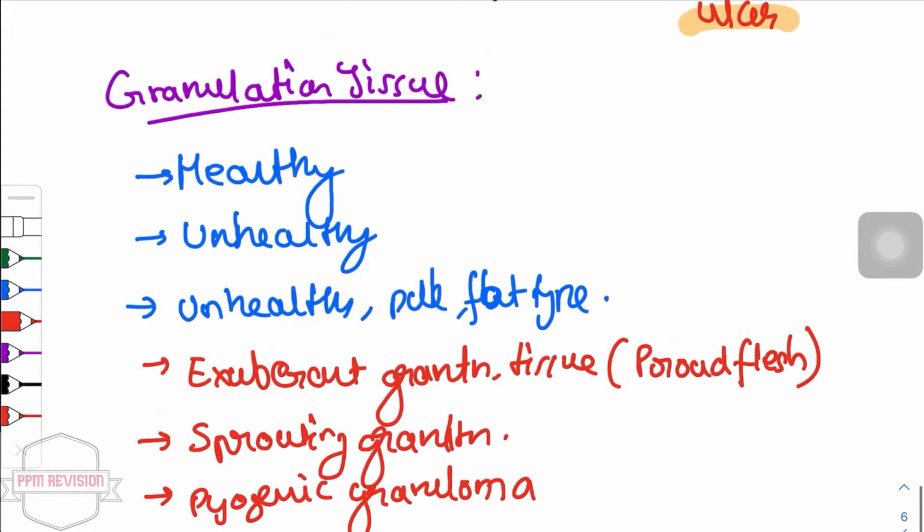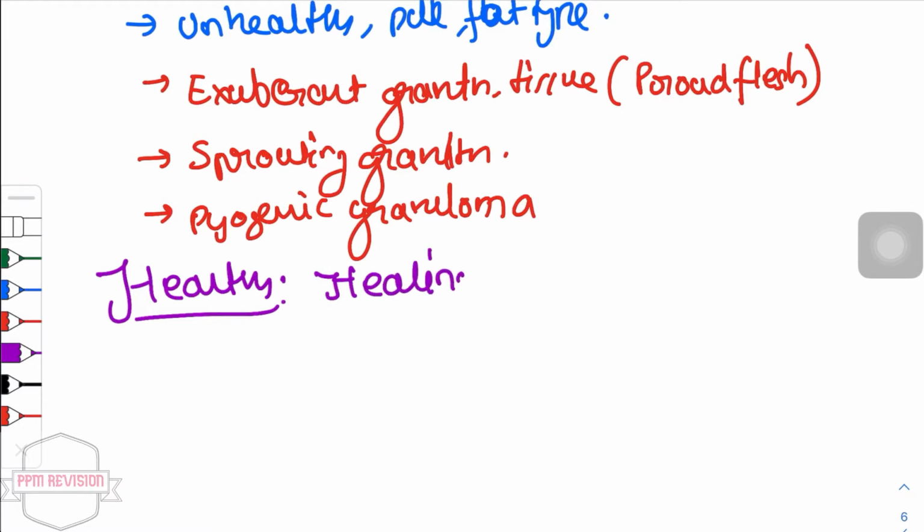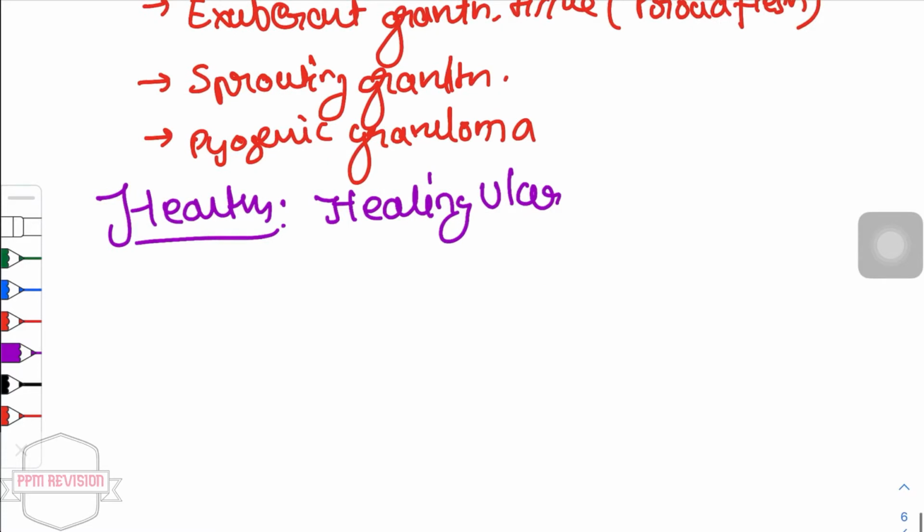So here we will be discussing healthy granulation tissue. Under healthy, it occurs in a healing ulcer, and it has a sloping edge and also bleeds on touch.